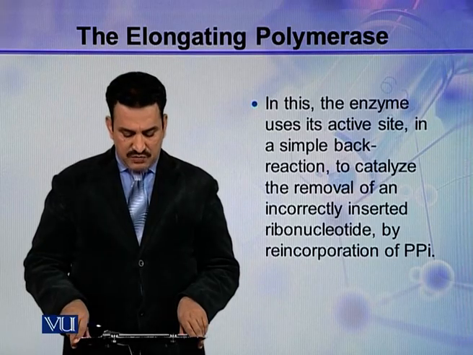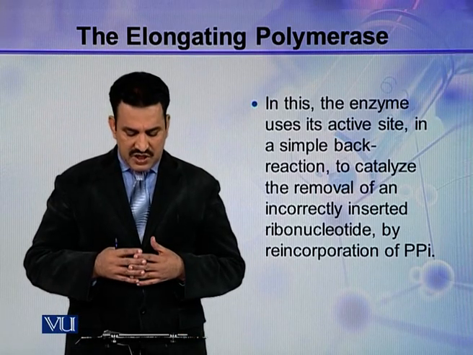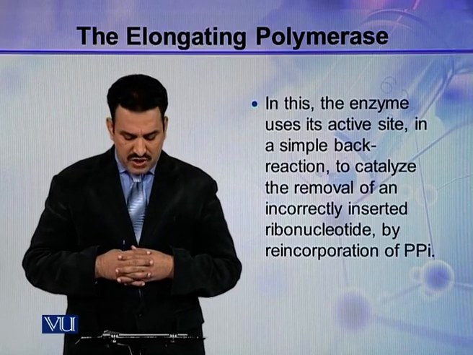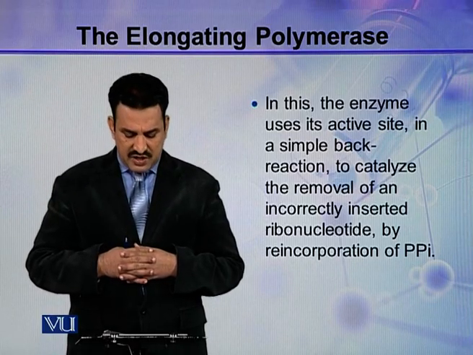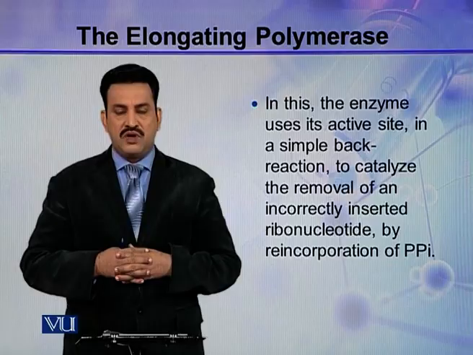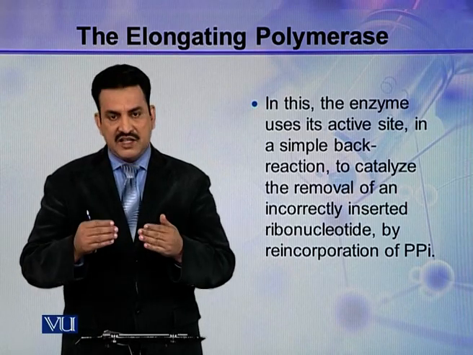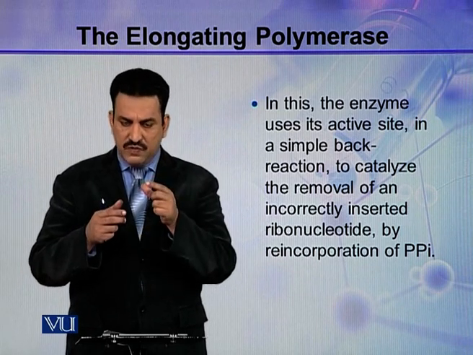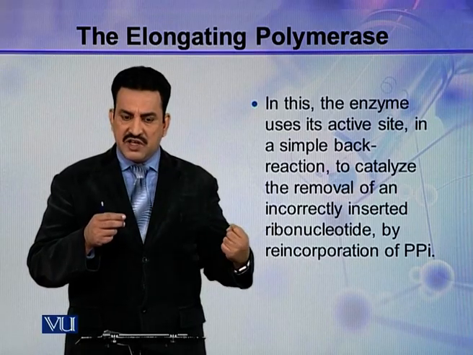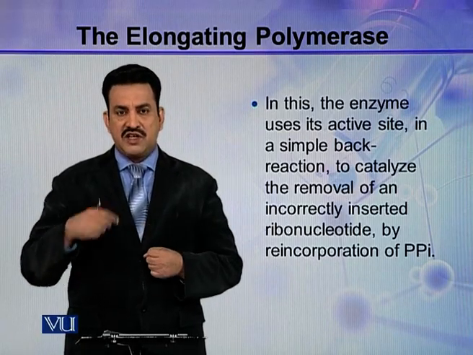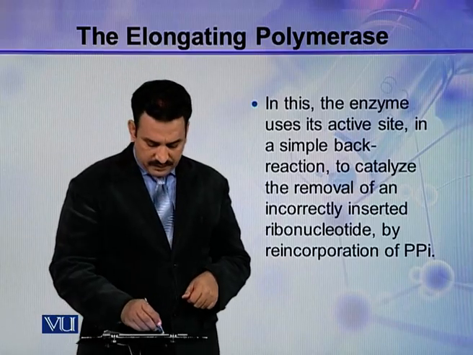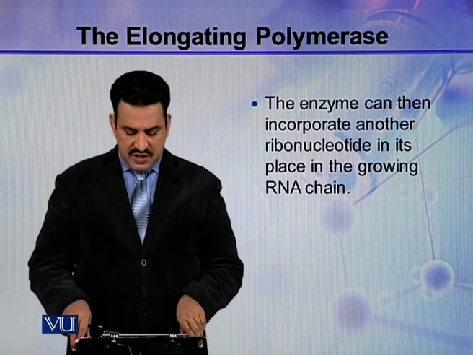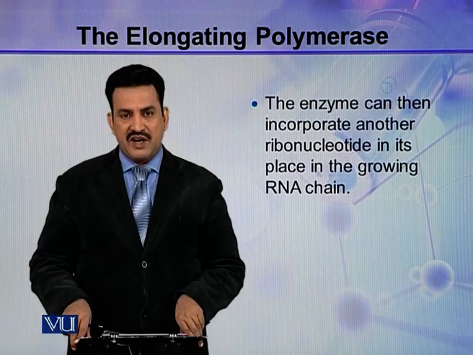In this, the enzyme uses its active site in a simple back reaction to catalyze the removal of an incorrectly inserted ribonucleotide by reincorporation of pyrophosphate. So the active site just uses a back reaction, and it removes the misincorporated nucleotide, and in place of that it adds pyrophosphate. The enzyme can then incorporate another ribonucleotide in its place in the growing RNA chain.